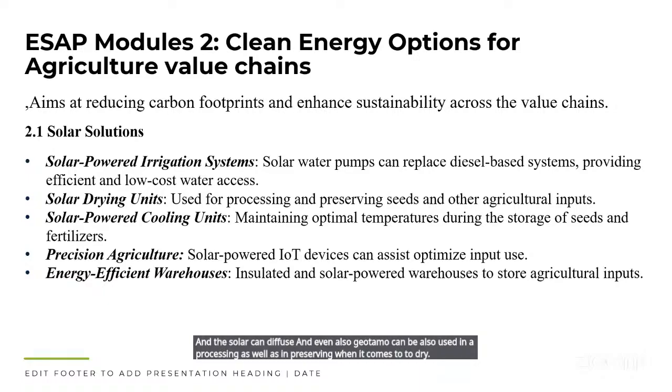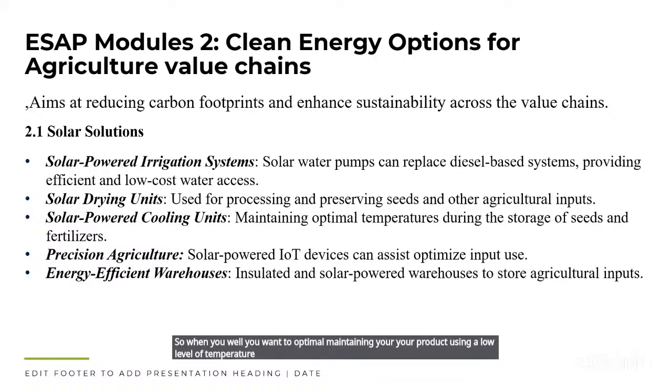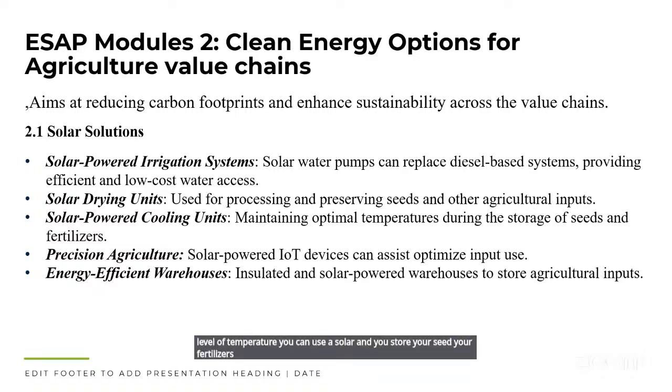Solar can be used for cooling units. So when you want to optimally maintain your product using a low level of temperature, you can use solar, and you store your seed, your fertilizers, and your product.